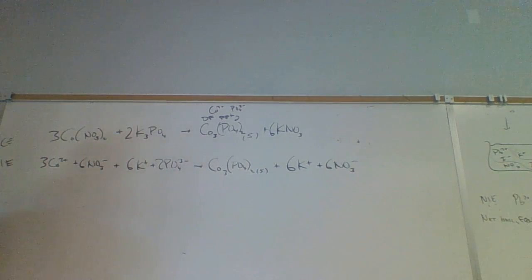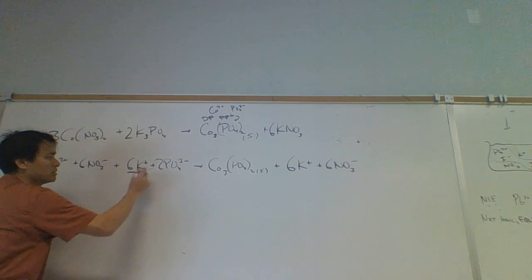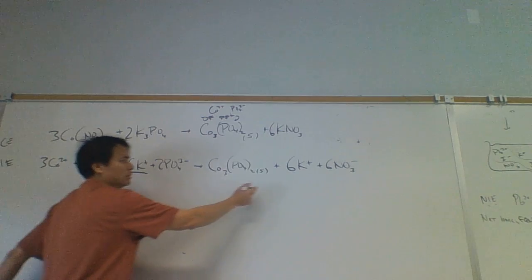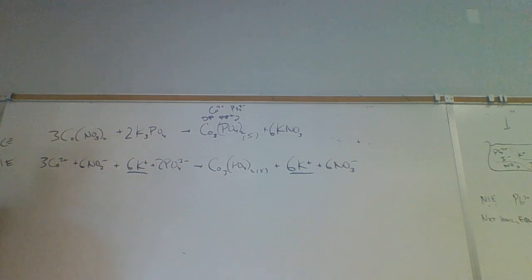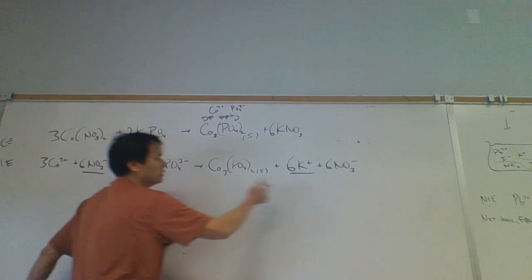What didn't change? The cobalt did change because it went from aqueous to precipitate. The potassiums didn't change. You see, 6 potassium ions here, 6 potassium ions here, nothing happened to them. And what else didn't change? The nitrate. The cobalts did because they precipitated.